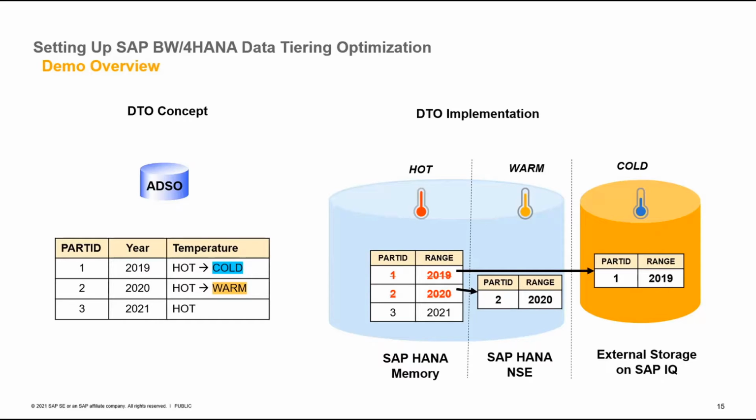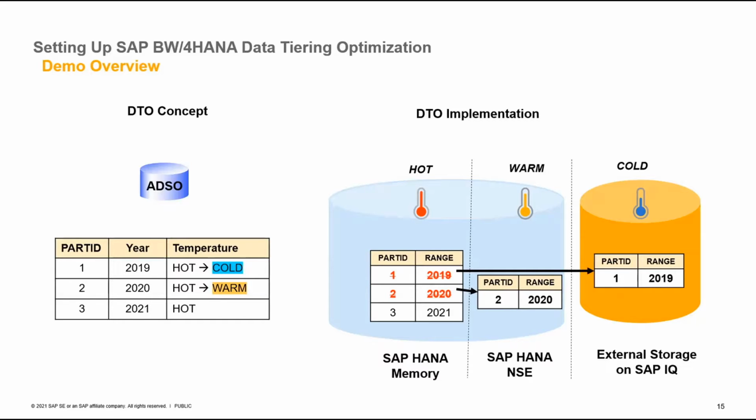Initially, all the data is managed in memory and consumes about 80 megabyte of memory. And then we have a concept to move the oldest partitions to the cold store of SAP IQ and move the previous year to the warm store.